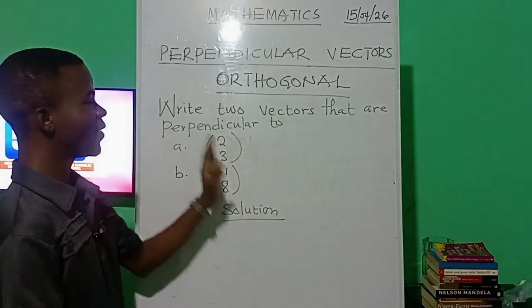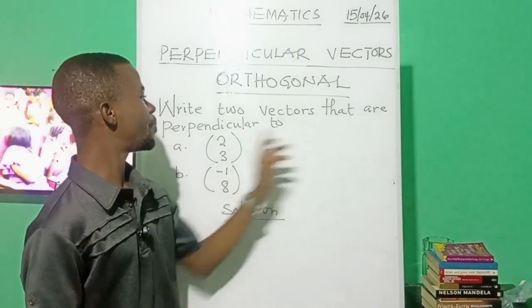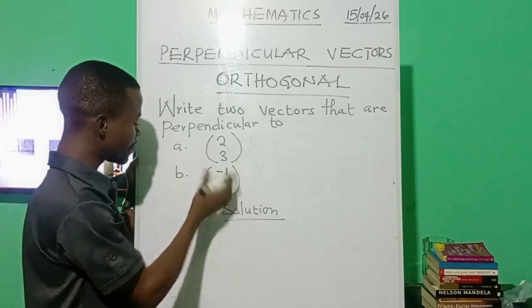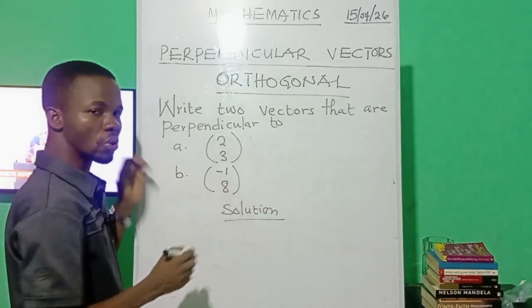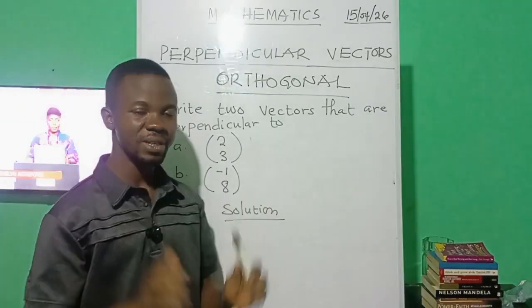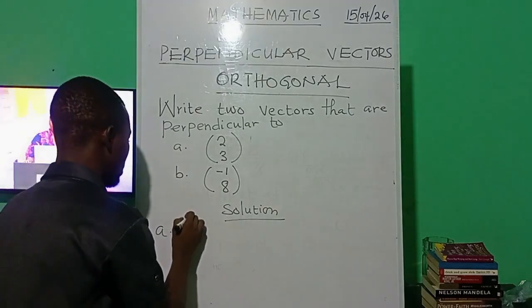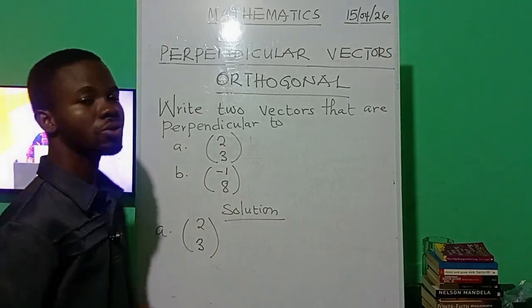Now, we have this question. Write two vectors that are perpendicular to A. We have A as 2, 3, and B as negative 1, 8. So, let's start from the first one, A. You were given 2, 3.